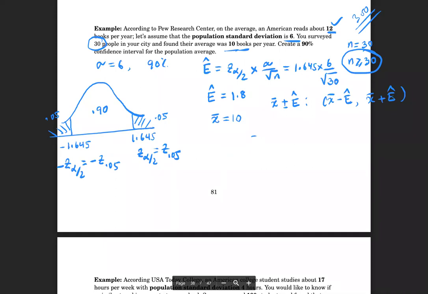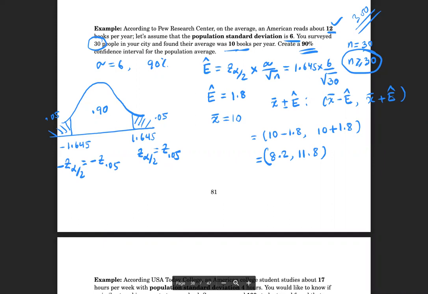So X bar is 10 minus 1.8, comma, 10 plus 1.8, which is 8.2, comma, 11.8. So based on your calculation, at 95% confidence level, you claim that the population average probably falls between 8.2 and 11.8.